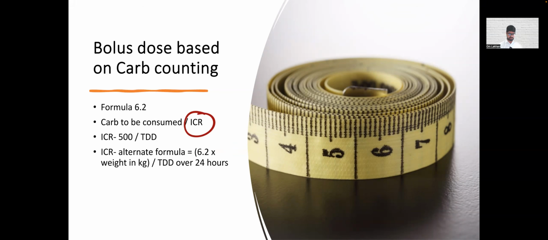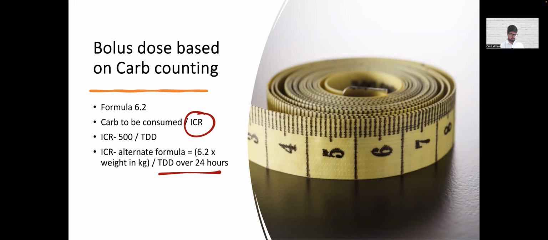The insulin to carb ratio is calculated by 500 divided by the total daily dose of insulin. Or there is an alternate formula, which is 6.2 into weight divided by the total dose of insulin over 24 hours. This is an alternate formula for calculating the insulin to carb ratio, which comes to about the same, so not to be worried. Let's look at the situation here.